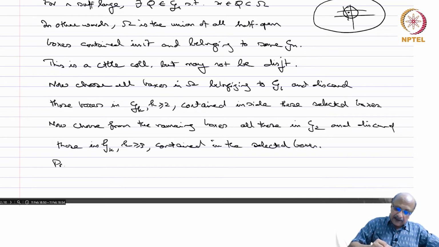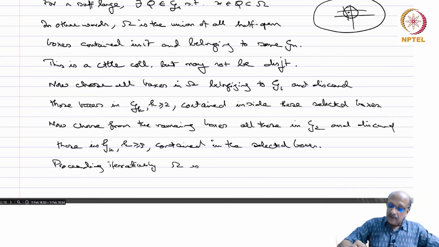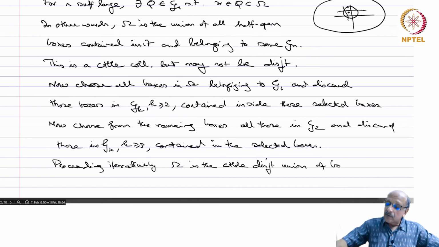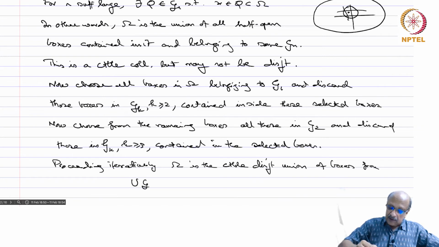So proceeding iteratively, omega is the countable disjoint union of boxes from union Gn, and this is obvious from the two observations which we made before.